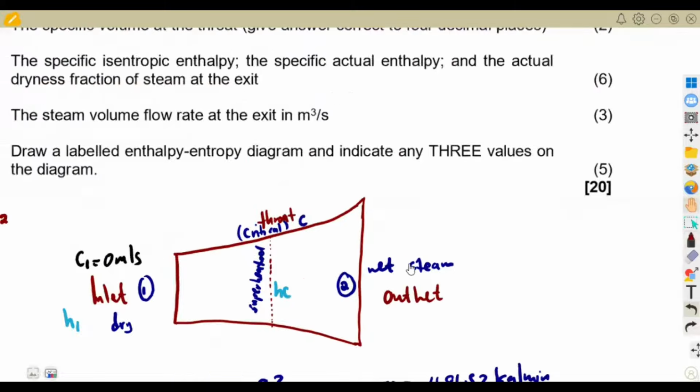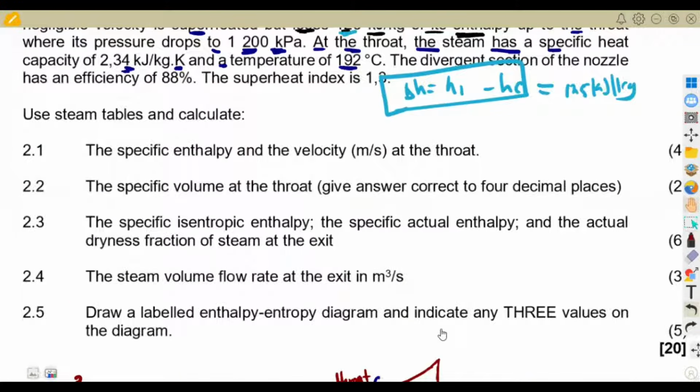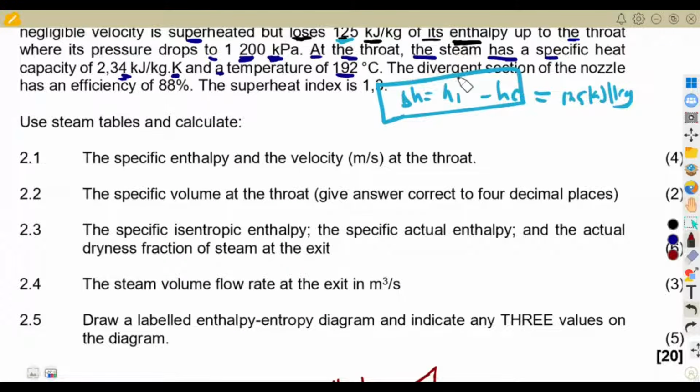Then this is another thing that we also have. The divergent section of the nozzle has an efficiency of 88%. The divergent part. It has an efficiency of 88%. When we are talking about the divergent, what are we referring to?